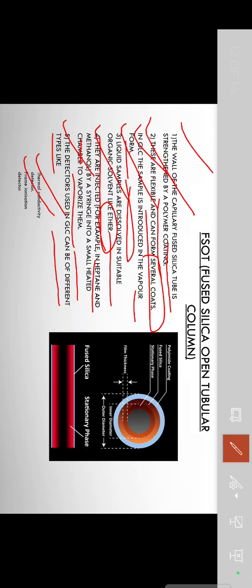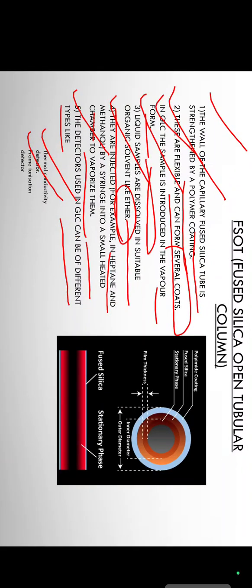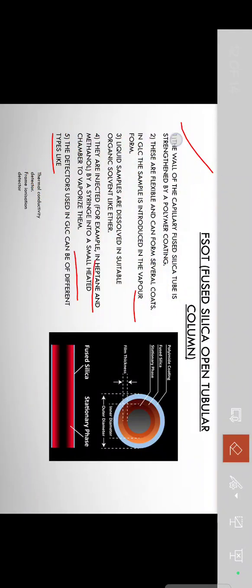So what it says in FSOT, let's see. First, the wall of the capillary tube is fused with a silica layer to strengthen the capillary tube.